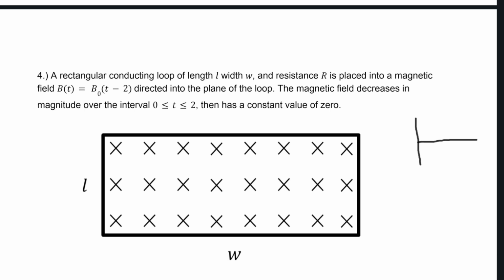So just to visualize what this looks like, we know that if I plug in 2 into this expression for B, it reaches 0, and we also know this is negative. So we have something that sort of looks like this.